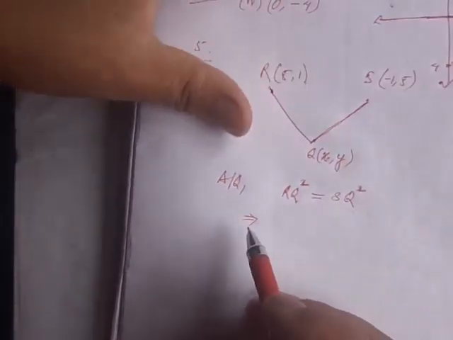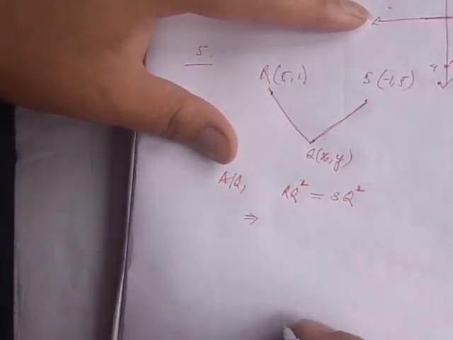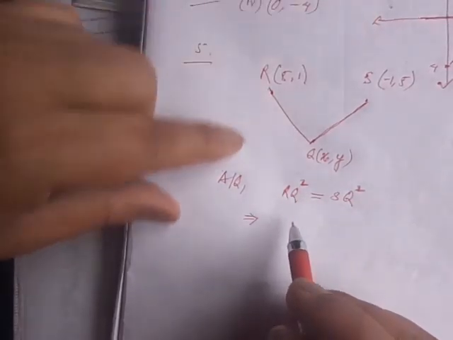So to remove that root, I'm squaring both sides. We can square later also, but I'm squaring here so that we can write without the root.